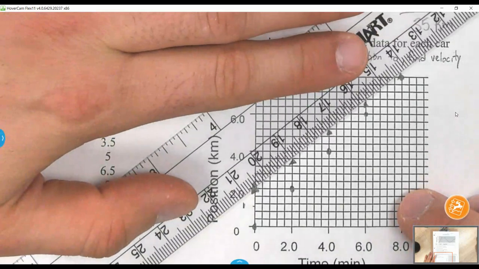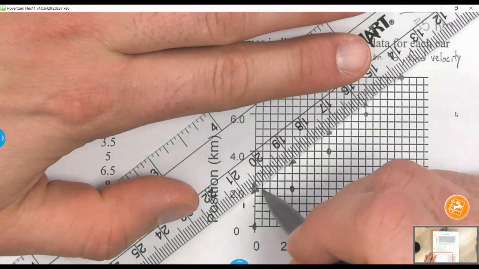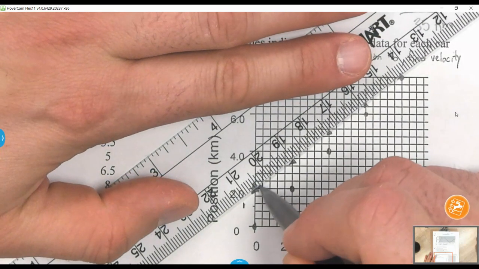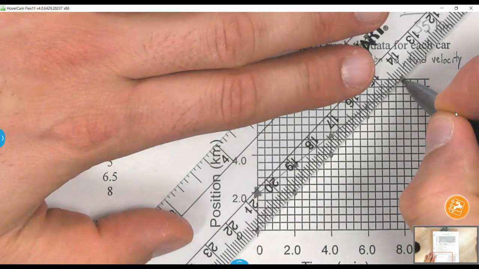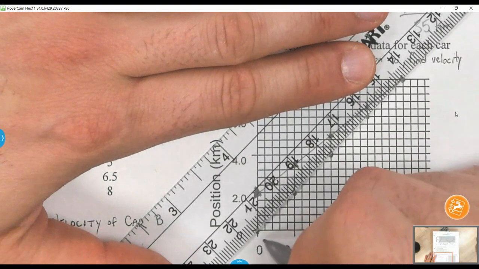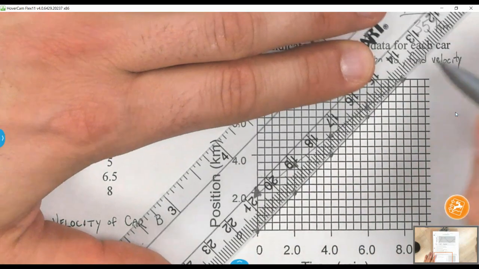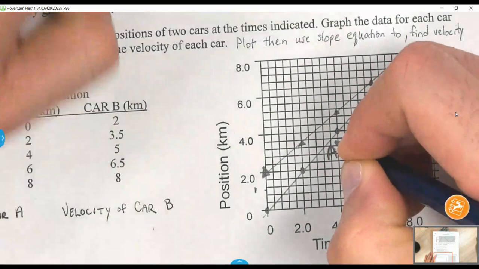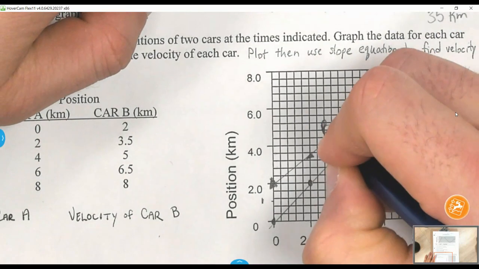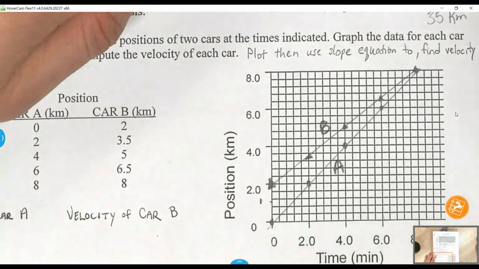All right, so my triangles. Cool. And then car A. That's car A. This line, or this slope, is car B.